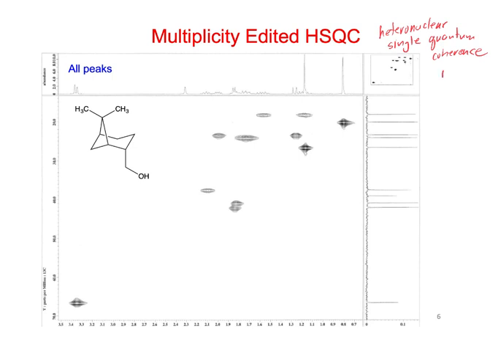Okay, so this is J1CH. All right, so we can obviously see which protons are going to which carbons.